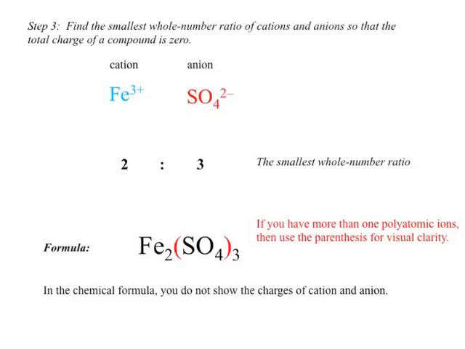So you write Fe2(SO4)3. When you have 3 sulfate ions, you must use parentheses so that you can tell there are 3 sulfate ions in the formula. Let's move to the next slide.